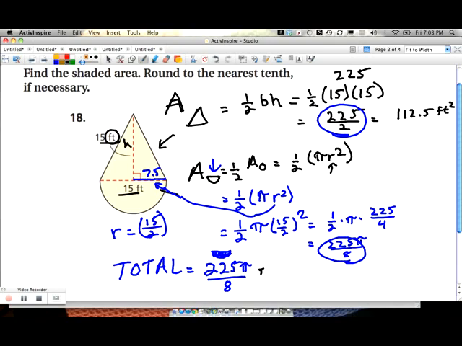Plus the area of the triangle, which is 225 over 2. I'm just going to leave those in fraction form like that. If I wanted to figure out the actual calculation, I could use a calculator, but I don't really need to. It's not necessary. And of course, these are feet squared. That's our units.